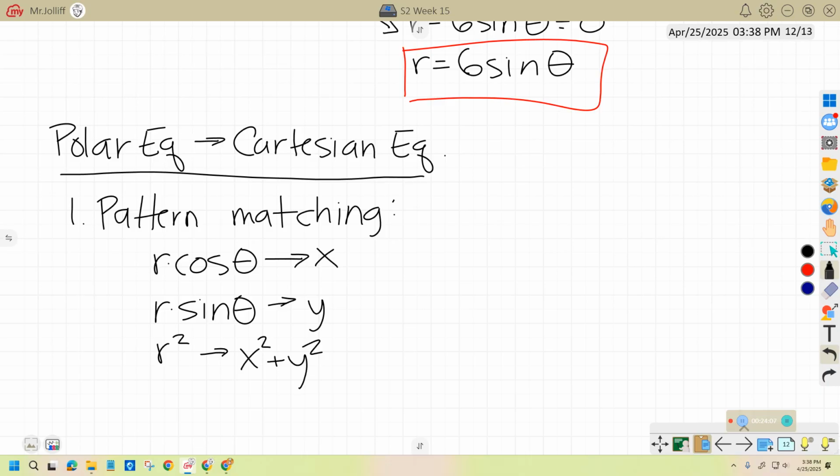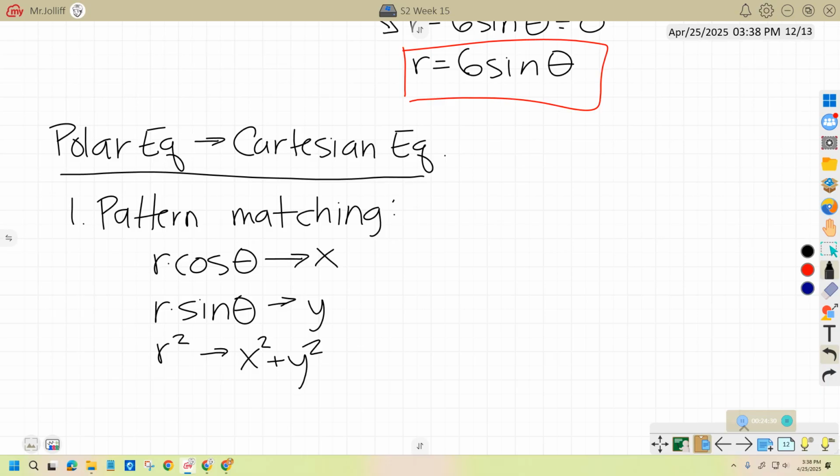So we're looking to see if any of these things on the left show up in our equation so we can make the replacement. If they're not there, we're looking to see if we can do some algebra or some trig substitutions to massage it into forms that show up here. Because once I have these things in my equation, I can replace them with x's and y's.